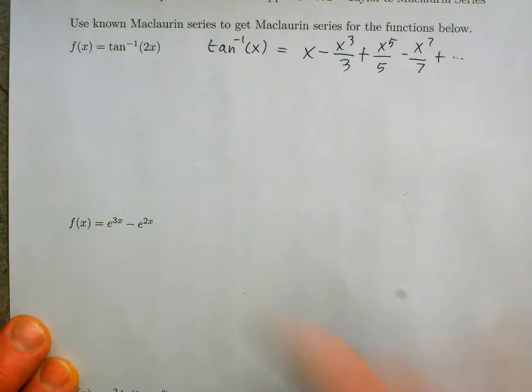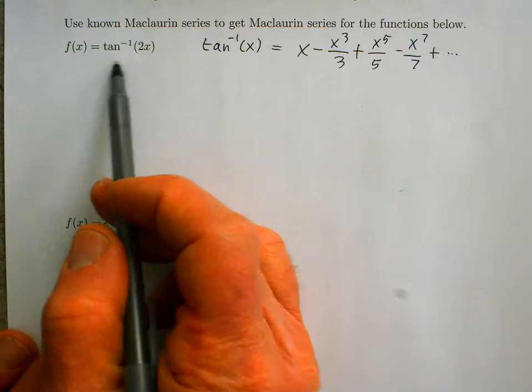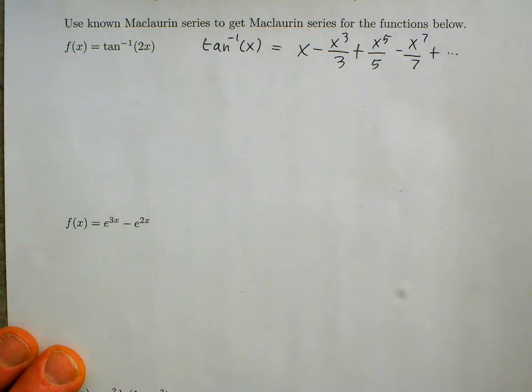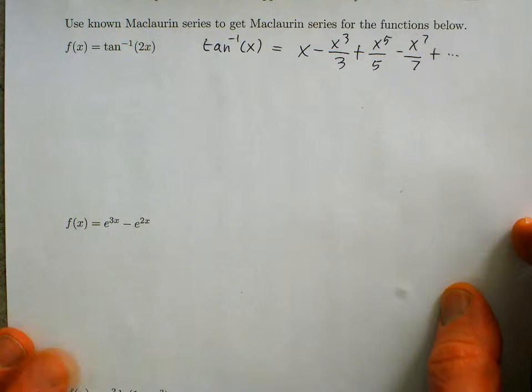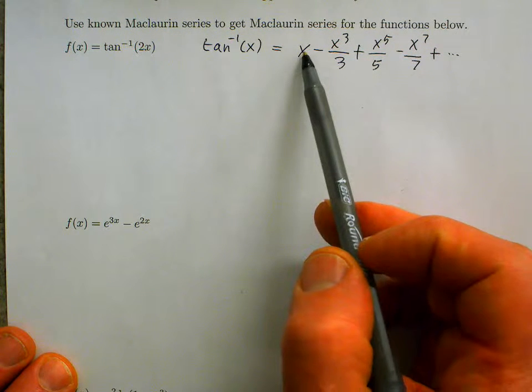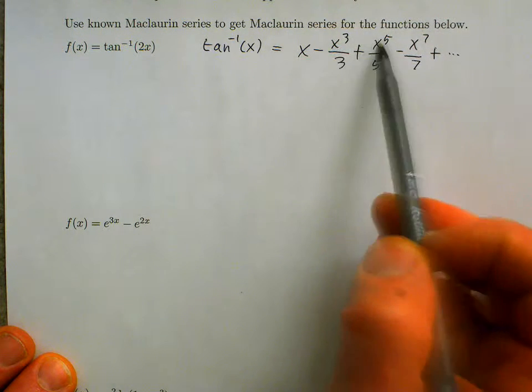So to get a series for inverse tangent of 2x, all we have to do, replace every one of those x's with 2x.